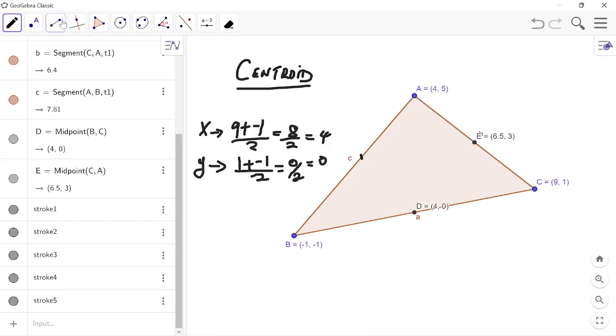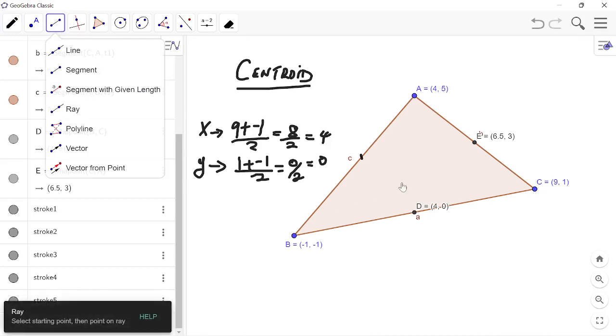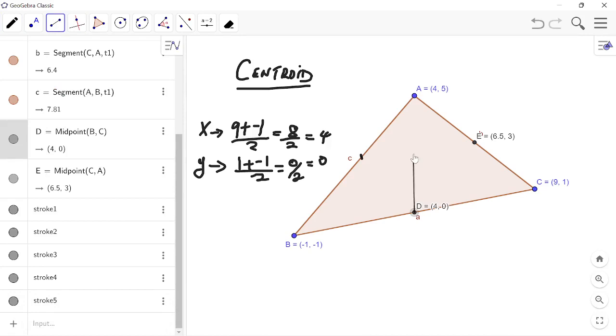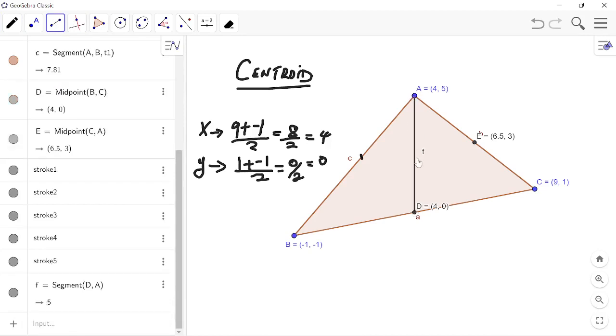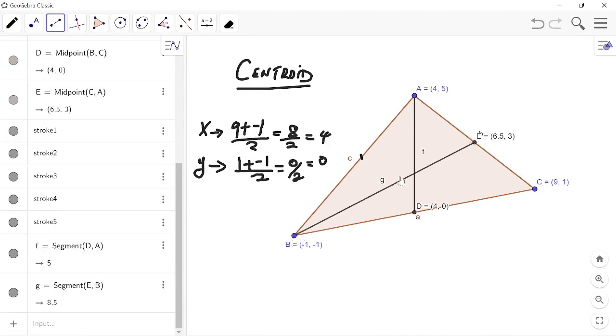For a centroid, after getting the midpoint, you connect the midpoint to the vertex. You see that line? You connect this other midpoint to the vertex. The point at which the two lines meet is what we call the centroid.